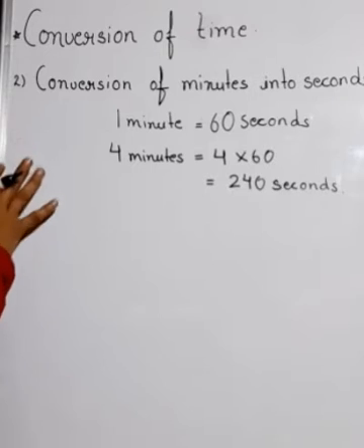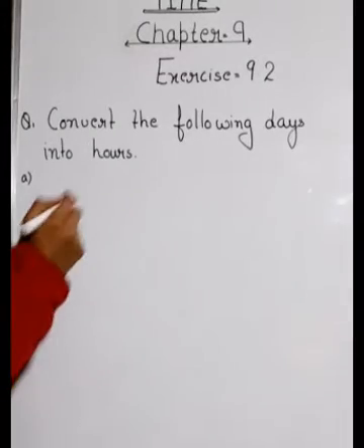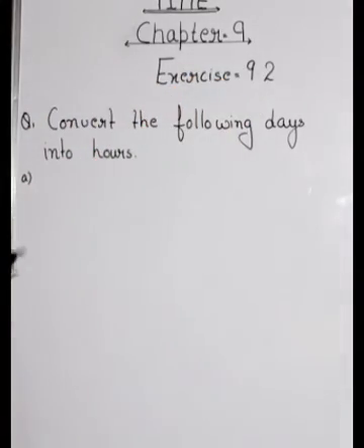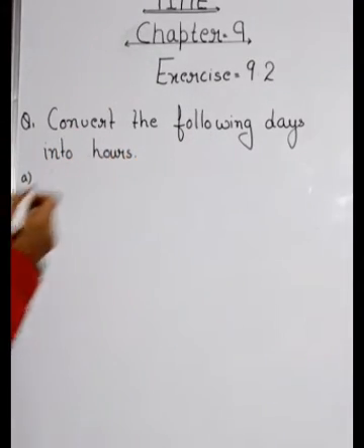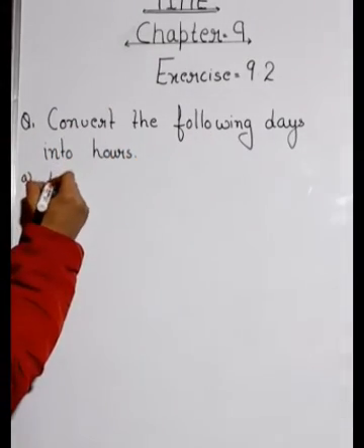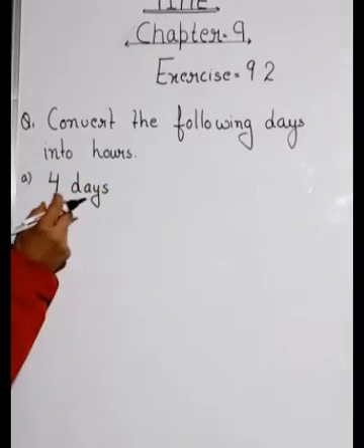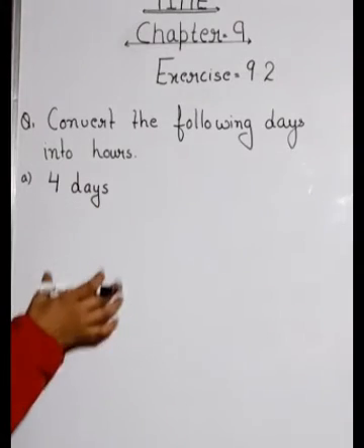Clear? Now we will do some questions based on these conversions. So class, we will do some questions from your exercise 9.2. Your question number 1 is convert the following days into hours, and your first part is 4 days. Now you have to convert these 4 days into hours. You will do the conversion as I am doing on the board.